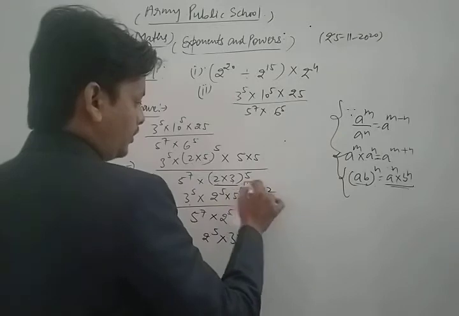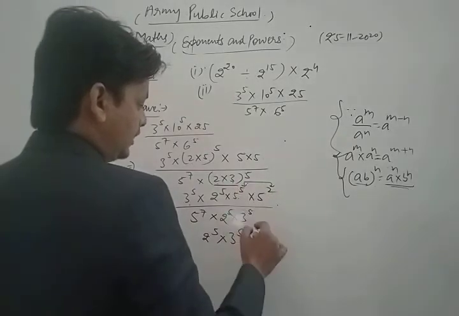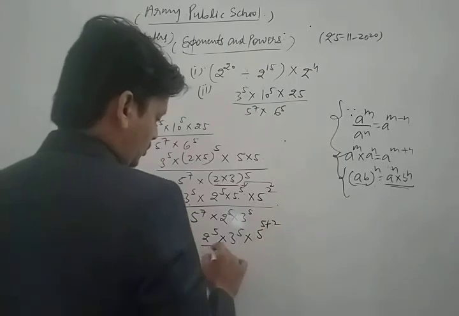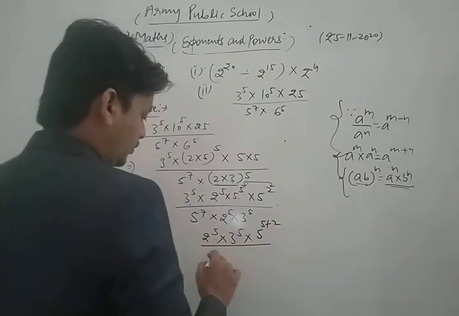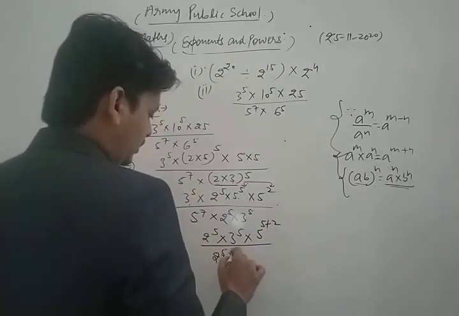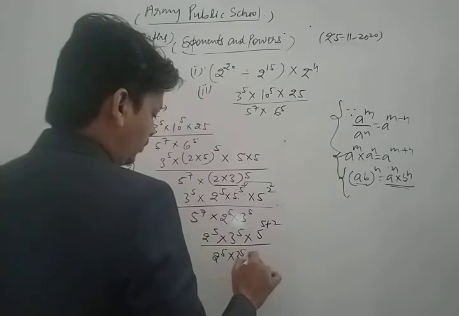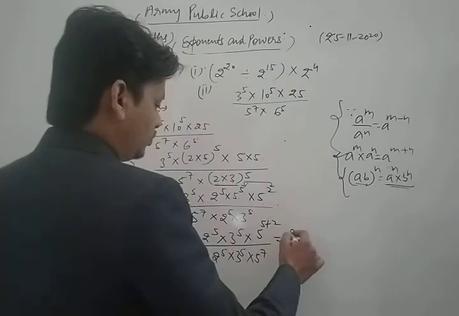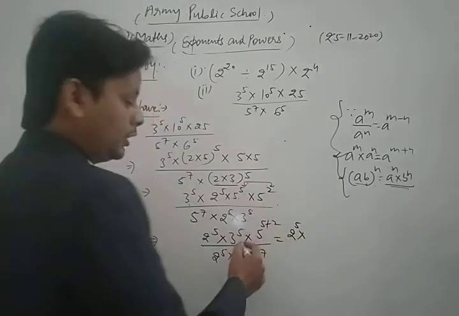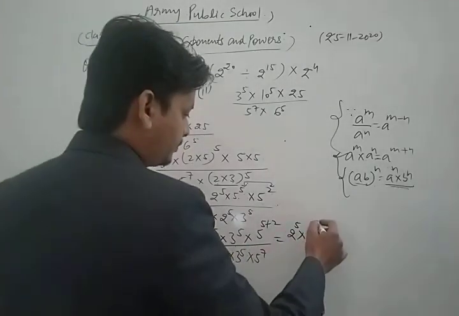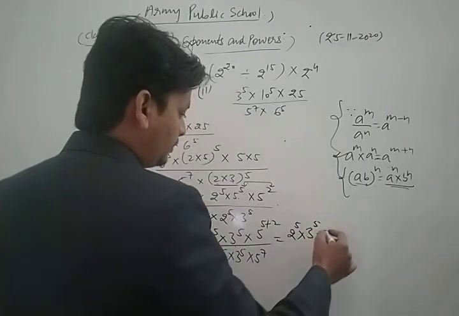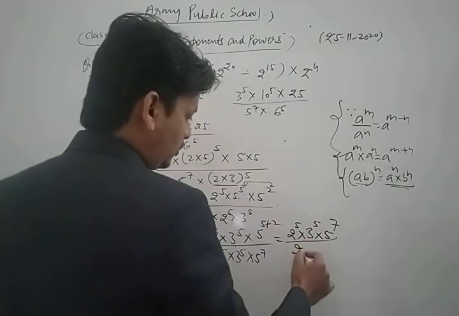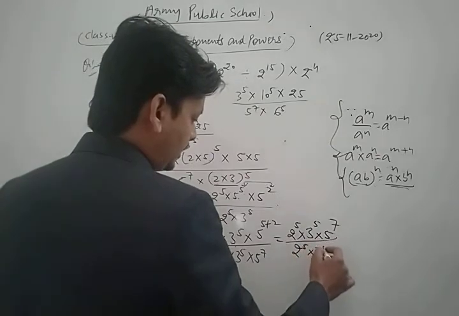So their powers are added: 5 power 5 plus 2, upon, in the denominator we write 2 power 5 into 3 power 5 into 5 to the power 7. Now what will I get? 2 power 5 into 3 to the power 5 into 5 to the power 7 upon 2 power 5 into 3 power 5 into 5 to the power 7.